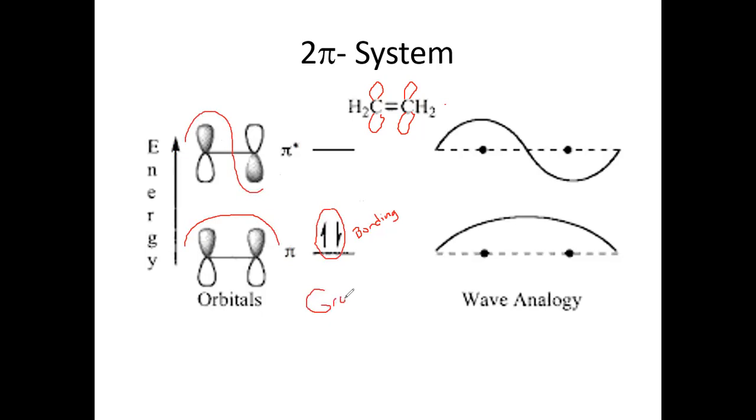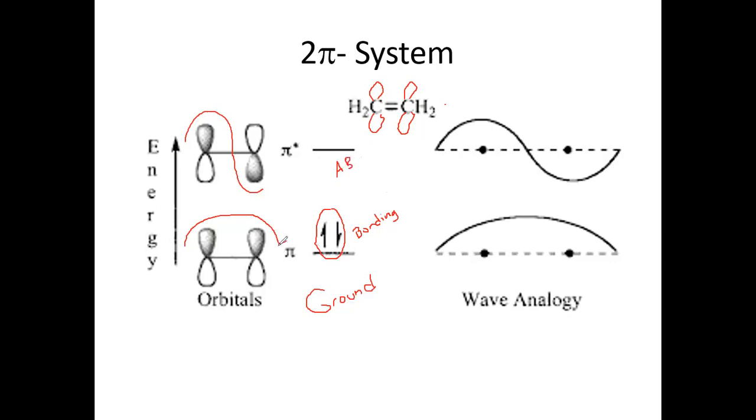If it was the excited state, then it would be different. I could move one electron up, but with it being in the ground state, I'm going to fill up the low energy orbitals before I put any electrons in the high energy orbitals, based on Hund's rule. So this is bonding, and this is anti-bonding. I'm just going to abbreviate it. Anti-bonding, no electrons there.